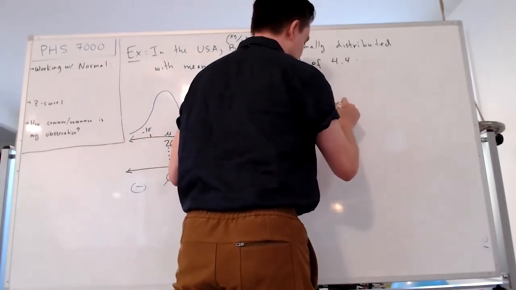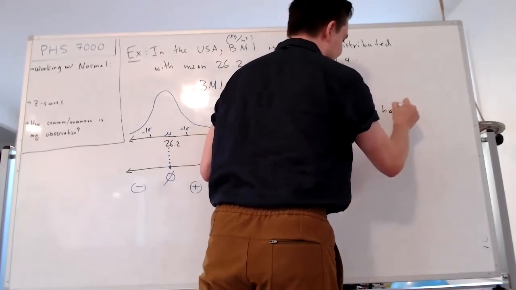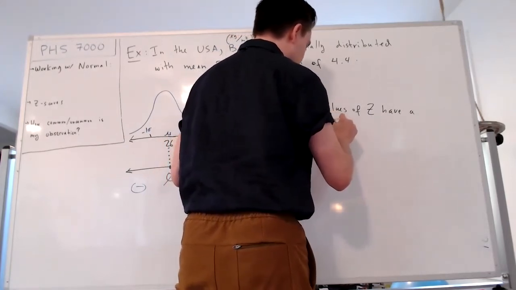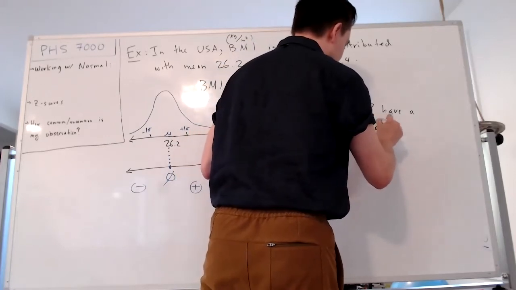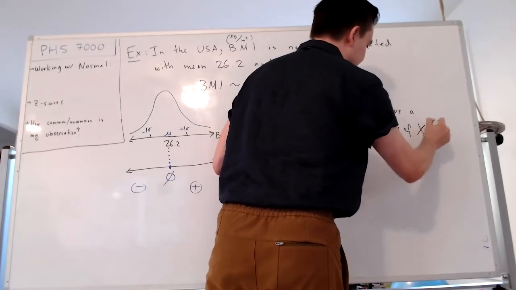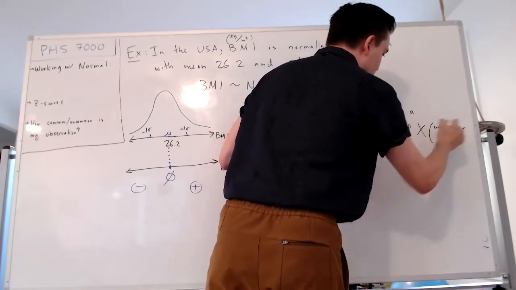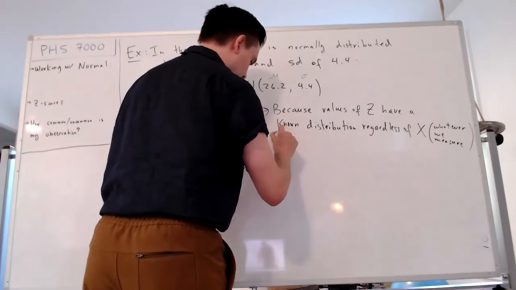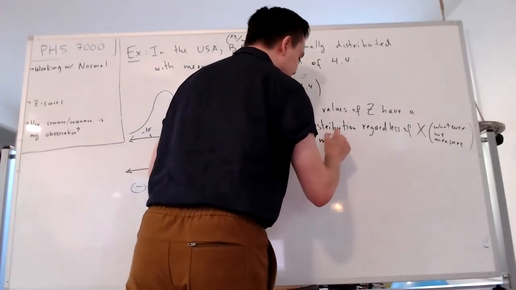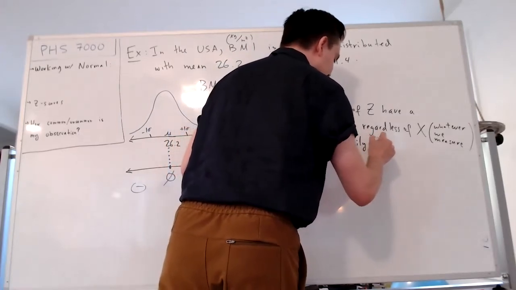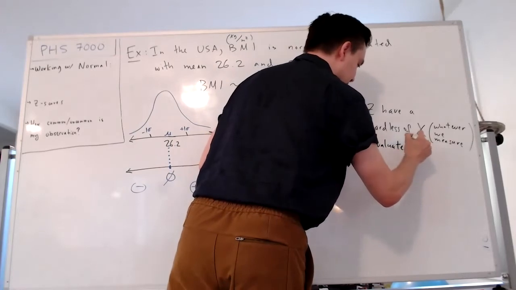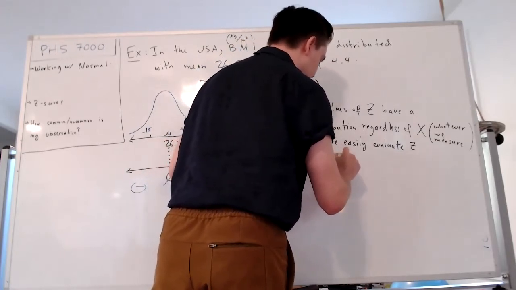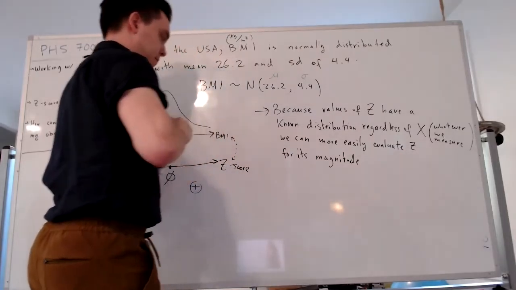Because the values of Z have a known distribution, regardless of X, whatever we measure, BMI, blood pressure, whatever, we can more easily evaluate Z for its magnitude. How large is large? How small is small? So let's practice this.